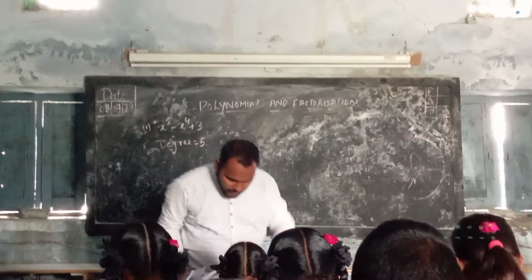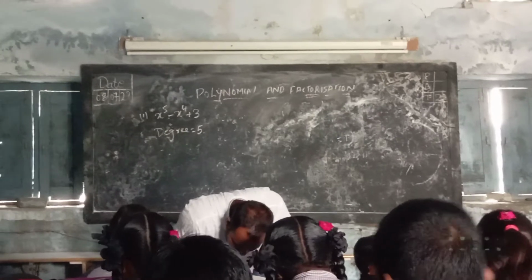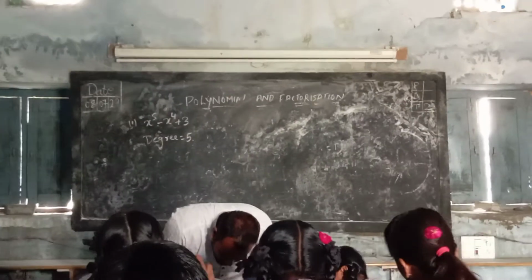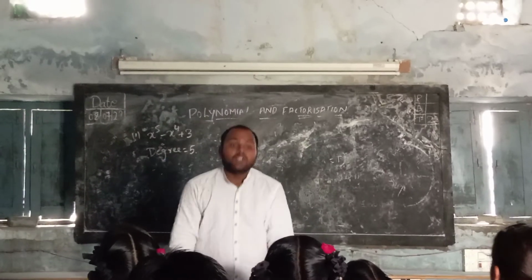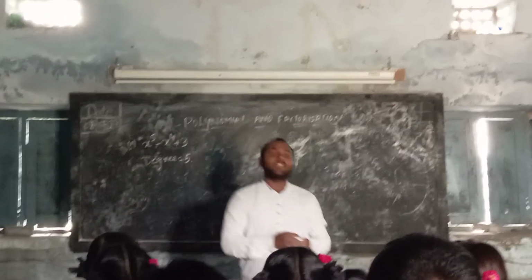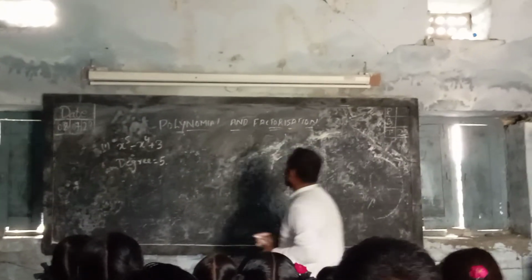Next, the second one, will anybody tell the answer? 2. This is x square plus x. Yes, sir, 2. Third answer, anybody tell? What is the degree of that polynomial? 0. Very good. 100% right.